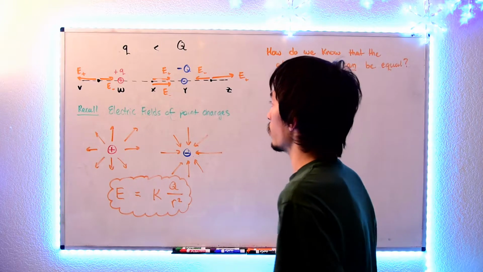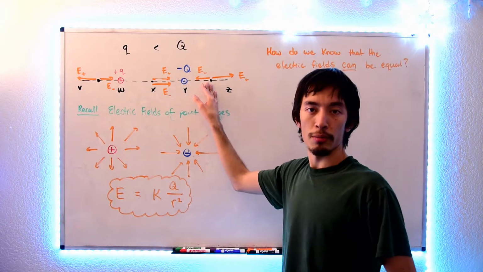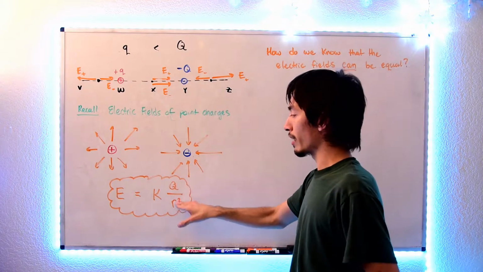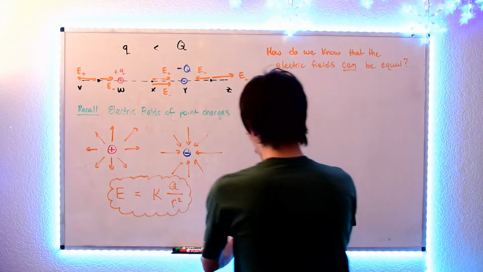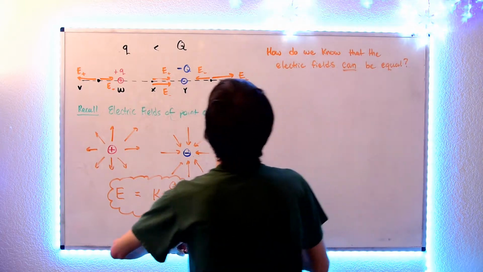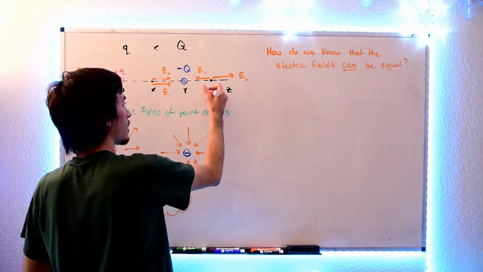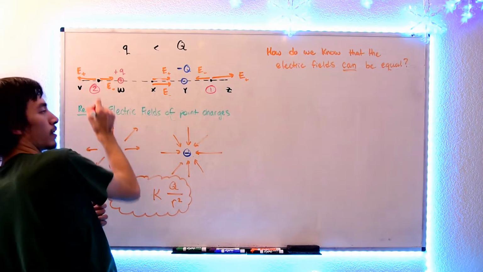So what I'm going to do is, let's start with this right point and let's go through the motions of what will make the electric field bigger or smaller. So if I write, for example, let's call this point on the left side 1, and let's call the point on the right 2. Okay.